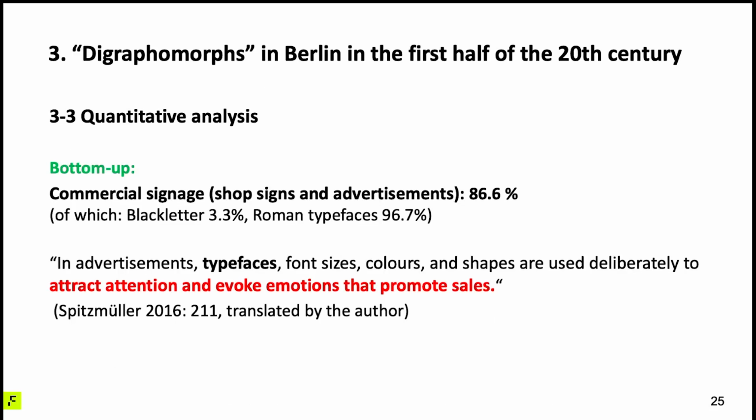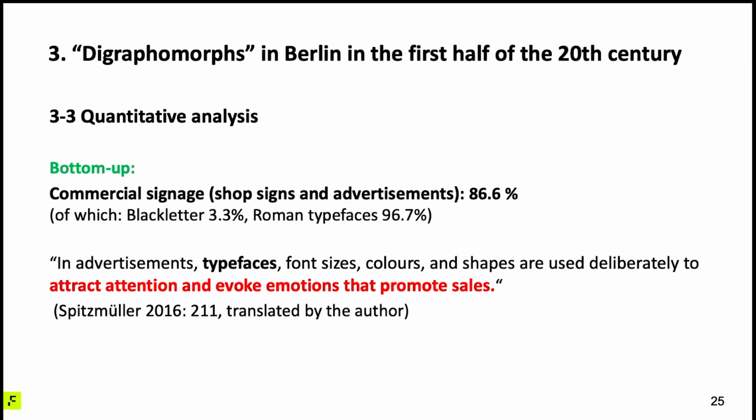Next, I will discuss the top-down and bottom-up signage. Commercial signage represents bottom-up signage. In this dataset, commercial signs accounted for 86.6%. Of these, Blackletter accounted for 3.3%, while Roman typefaces accounted for 96.7%.